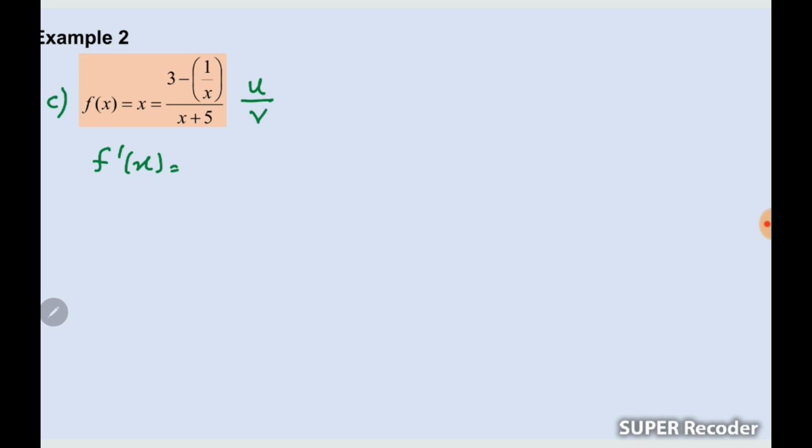Okay, so you write here first, u equals to 3 minus 1 over x. Therefore, u prime, you can simplify to be 3 minus x to the power of negative 1. So u prime equals to negative times negative 1, bring in front, multiplied by x to the power of negative 1 minus 1, which is negative 2. So the answer is x to the power of negative 2, or 1 over x squared.